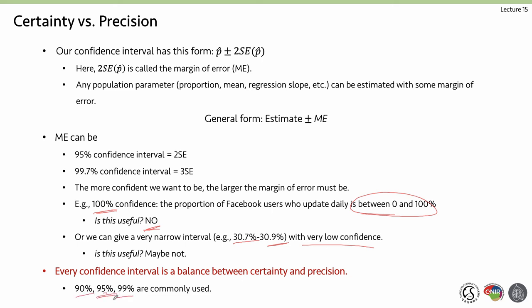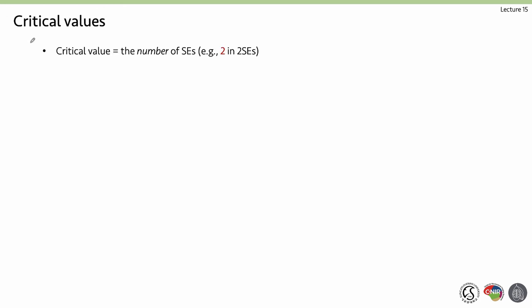90%, 95%, 99% are commonly used, and 95% is most commonly used. And there are critical values. What is a critical value? That is the number of standard errors. For example, we talked about 2 SE, 3 SE, and so on, and these numbers 2 and 3 are critical values, denoted as Z star.